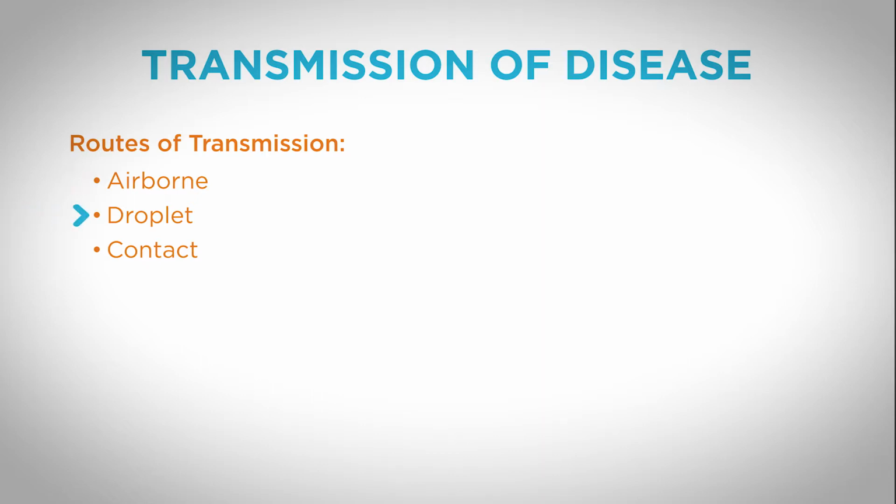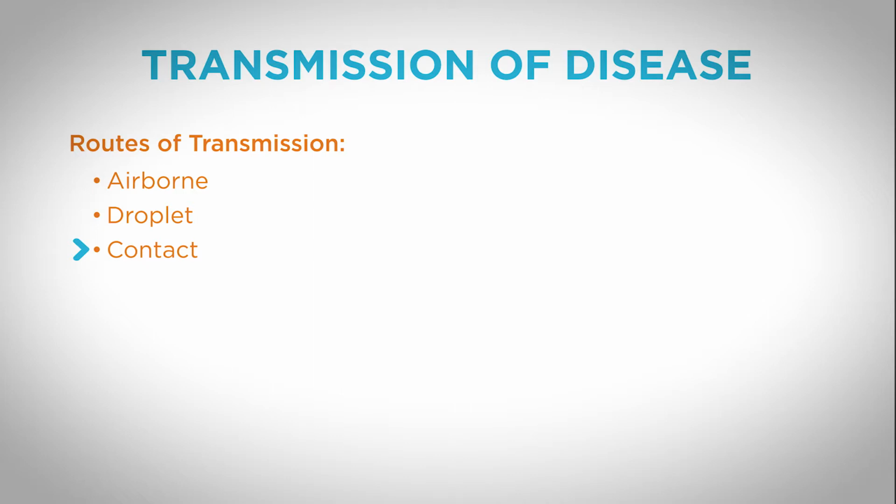Then you have droplet transmission. Similar to airborne, you have the infectious agent or a high number of infectious agents in a droplet of contaminated fluid. It could be something like mucus, it could be something like liquid feces, or any type of droplet dispersion that is small enough to be carried by convective air currents. And then you have transmission by contact.